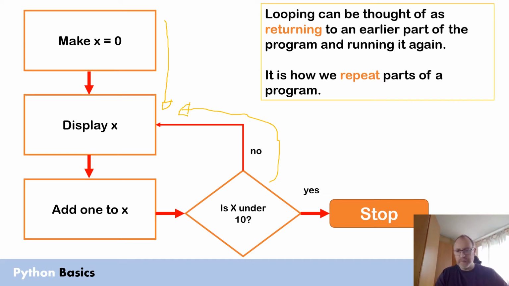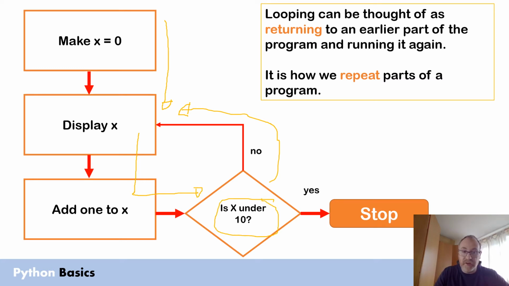That is the key behind looping. We have some form of test, some form of condition written in the way that we're used to, so greater than, less than, equal, that kind of thing, and it will repeat part of the code, i.e. return to the start of a block of code and run it again. Here I'm repeating the same command. I'm doing this one, then this one, then I'm going to here, doing a test, and then coming back.